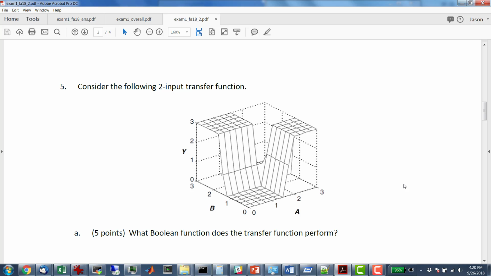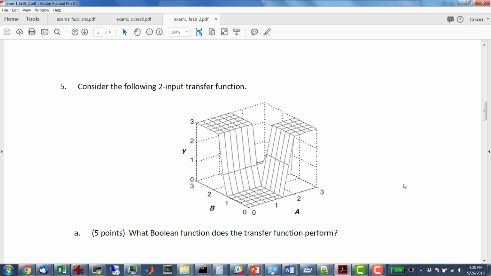Everyone see that? Likewise, if A and B are both 0, I'm in this quadrant, that's a 0. And then if B is high and A is down here, that looks like a 1, that's this quadrant.